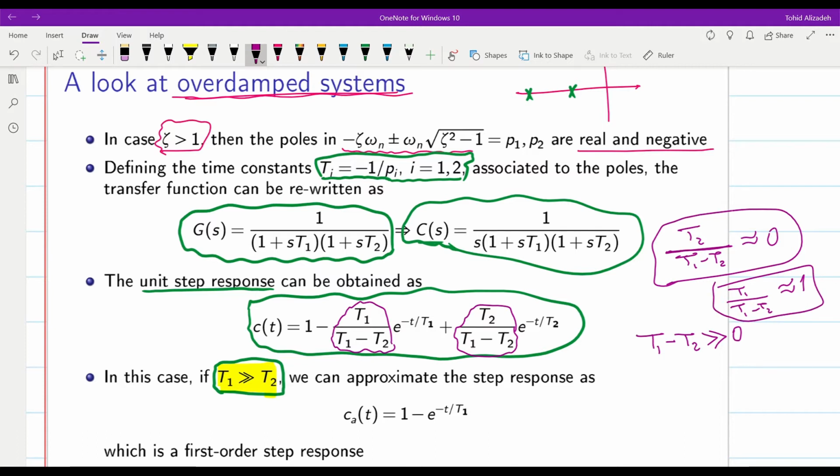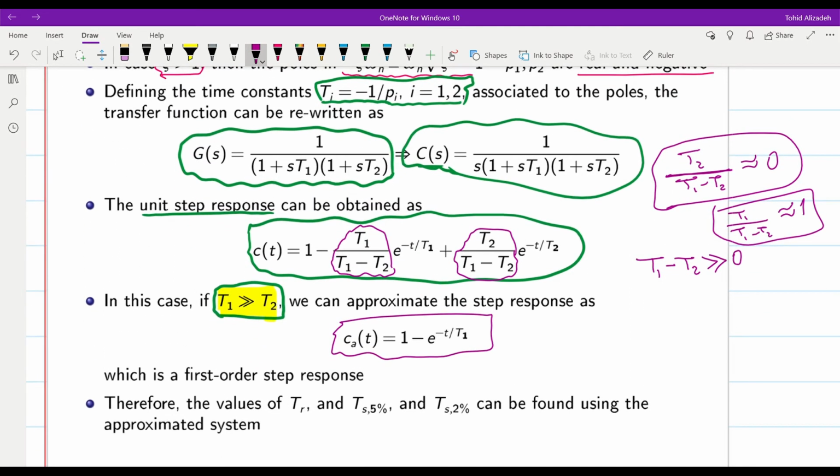If we do so, the approximate step response will be written in the form of 1 minus e to the power of minus t over T1. And you know that this is similar to the step response of a first order system with the time constant equal to T1.